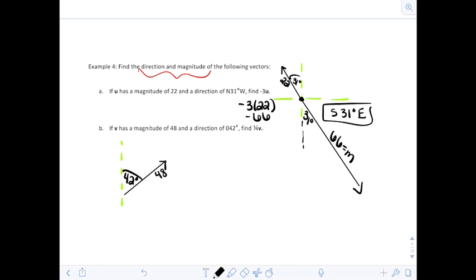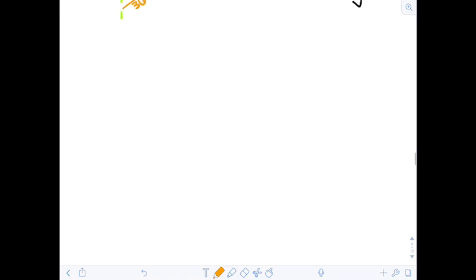So if I want 3/4 of that, I would take 3/4 of 48, which is 36. And if it's going in the same direction, it's going to be right on the same line. So maybe here, the same vector, same direction, only the magnitude is 36. Okay, and that takes us up through 8.1. Lots of information there.